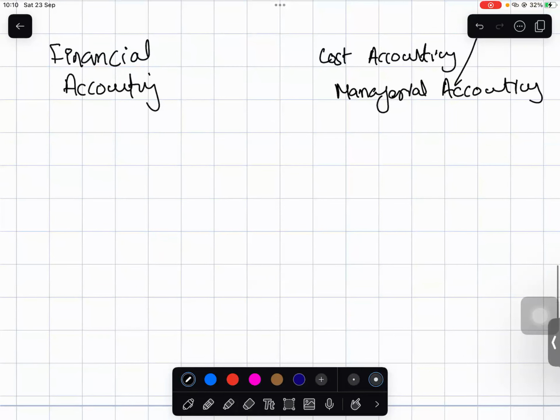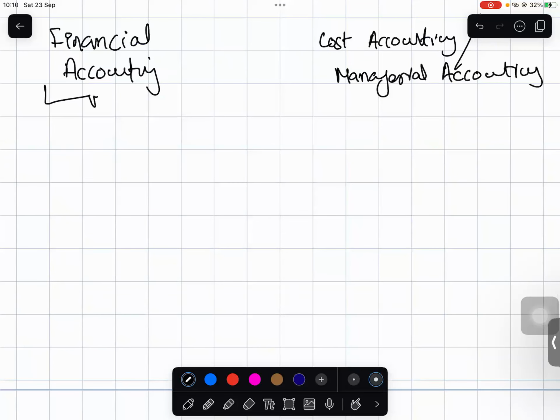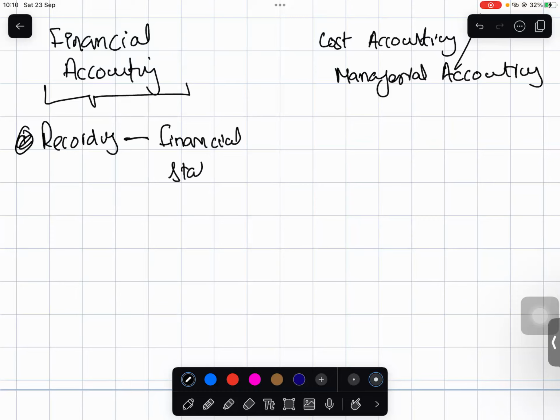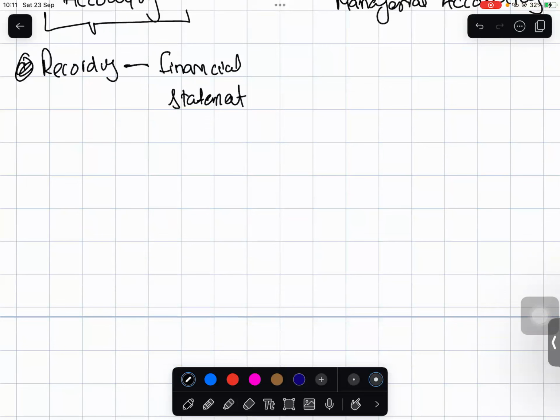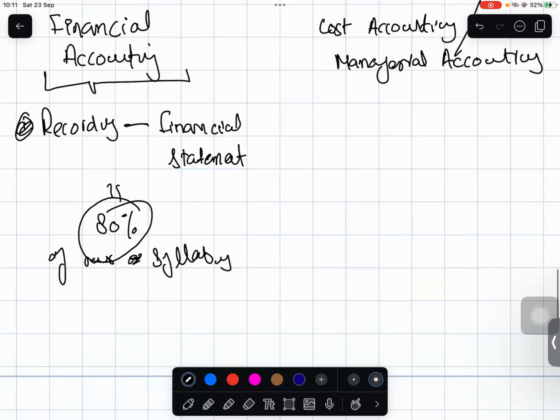All right, so financial accounting, which includes everything from, let's say, recording of transactions up until the creation of financial statements, is approximately 80% of our syllabus. Also, in general, when it comes to accounting, 80% is covered by financial accounting, and cost accounting comprises around 20%.